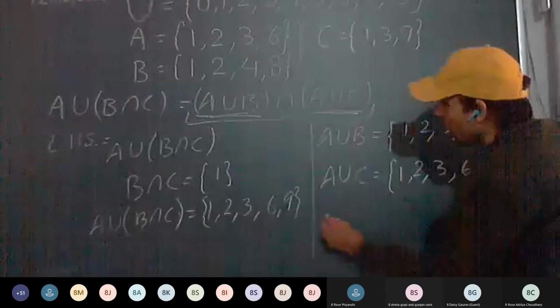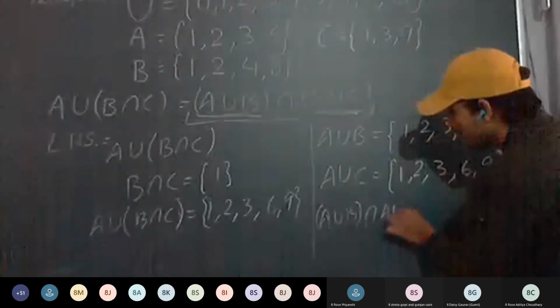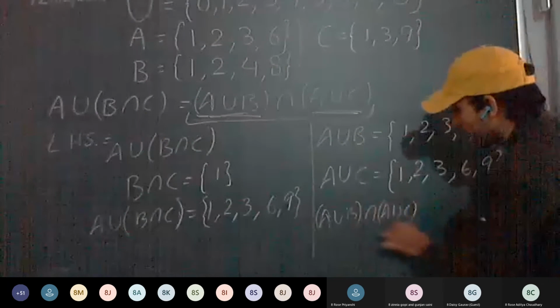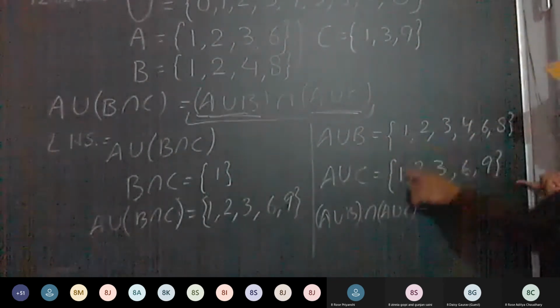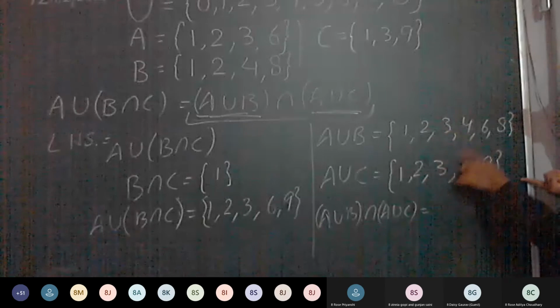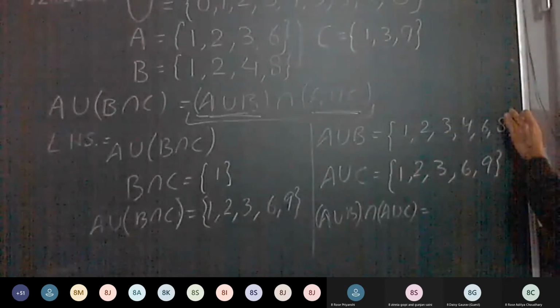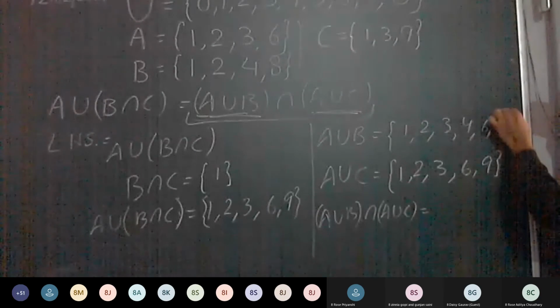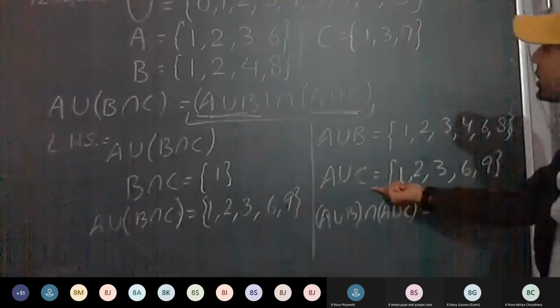These two sets' intersection will be 1, 2, 3, 6. I mean 9, I forgot. In A union B, no 9 is there.